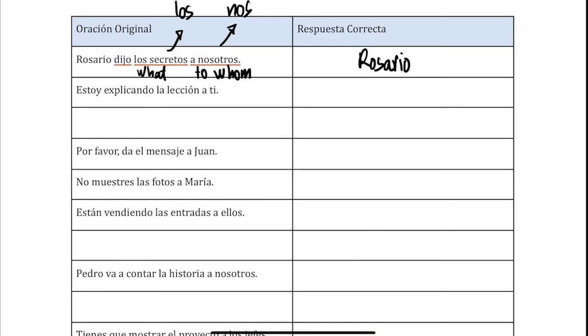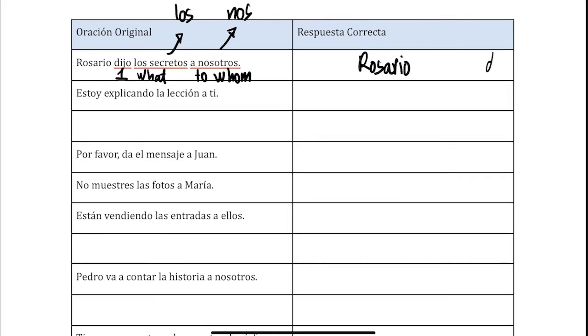And since I only have one verb, I only have one way of doing it, which is placing the objects before the verb. The verb, I'm going to write it down here, and now I'm going to follow the ID rule. First, the indirect object, nos, and second, the direct object, los secretos. Rosario nos los dijo. Remember, ID rule. Indirect object first, direct object after.